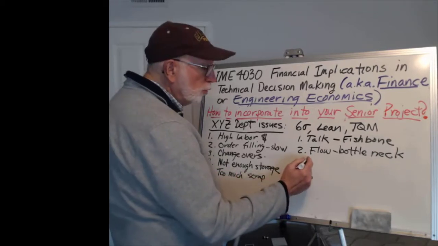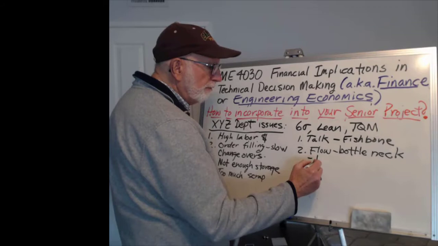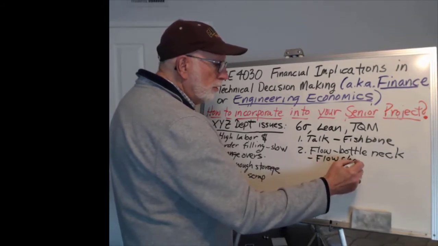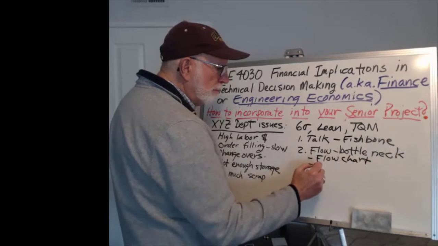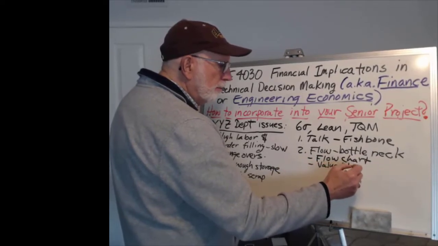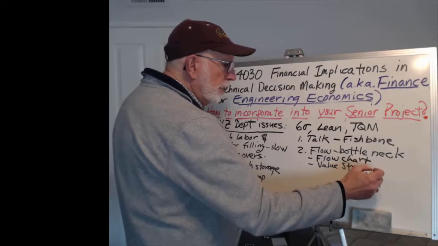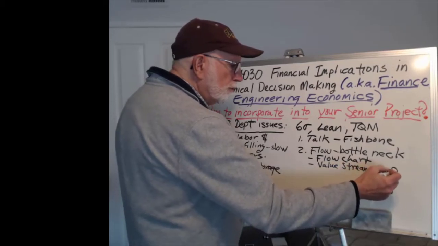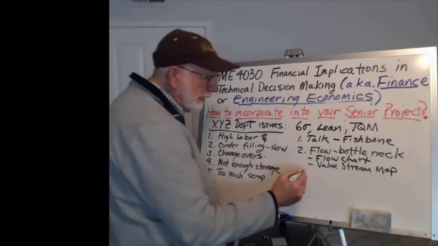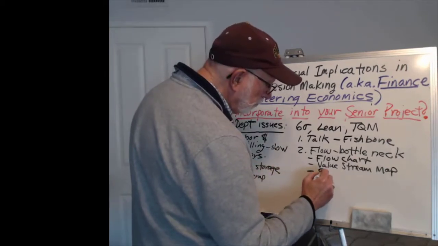Now, what are some of the tools we use for that? Well, simply a flow chart is one. Another one is a value stream map. Those are good tools. And then also a spaghetti diagram.